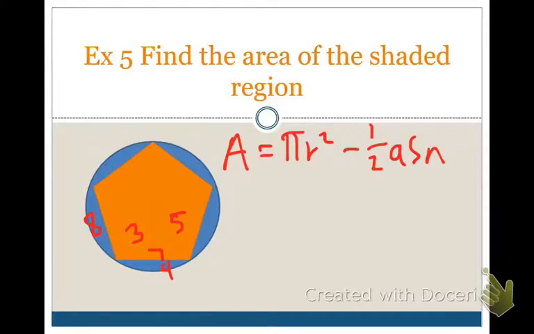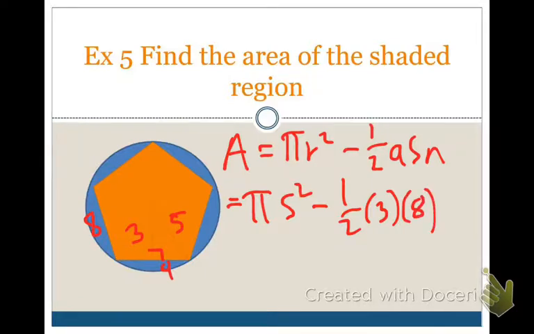So we have pi times the radius, 3 squared, minus 1/2. Nope, I did that wrong. The radius is not 3. What's the radius? 5. So it's going to be pi 5 squared minus 1/2, and then the apothem is 3. The side length is what? 8. Yeah, the side length is 8. And the number of sides is 5.